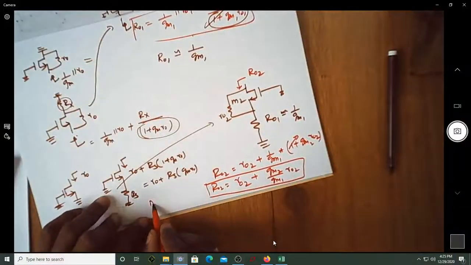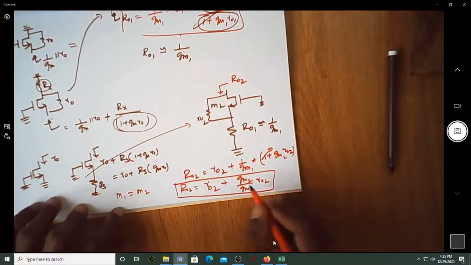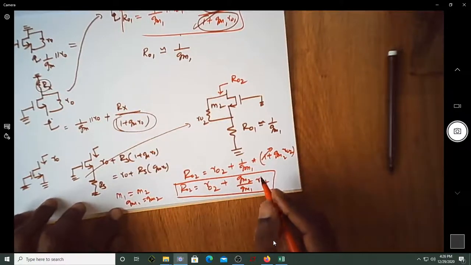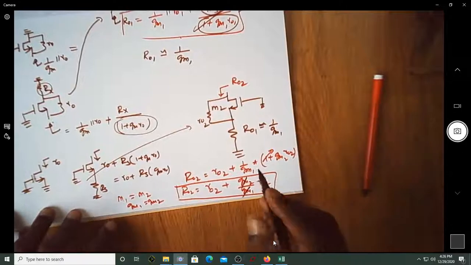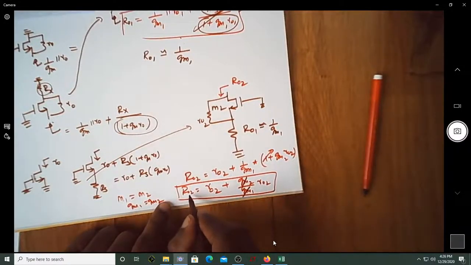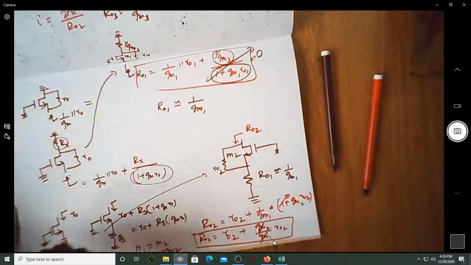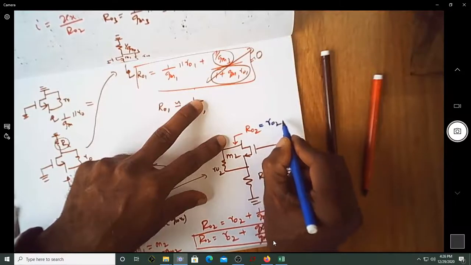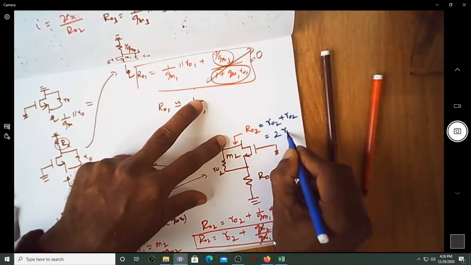Now, if we assume that M1 is matched with M2, I will write gm1 is equal to gm2. So then these two will cancel out, so ultimately I can write R naught 2 as equal to small r naught 2 plus another r naught, which is nothing but 2 times r naught.